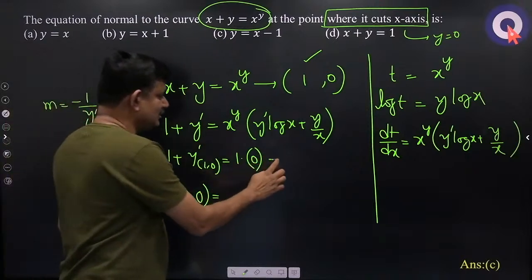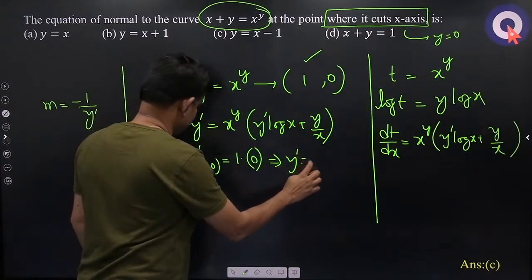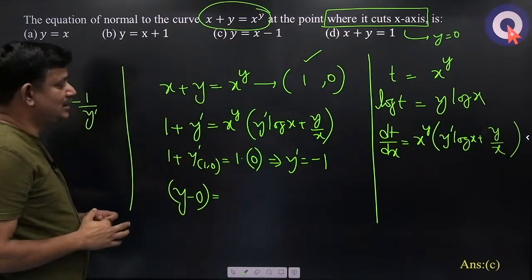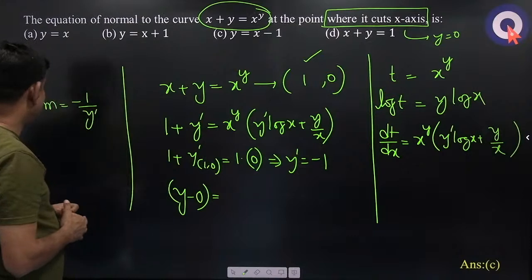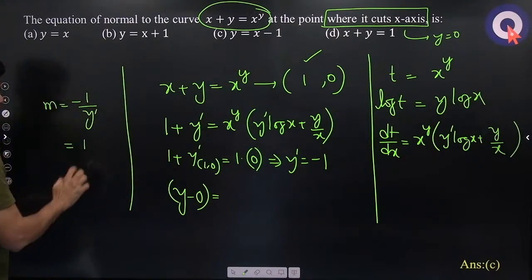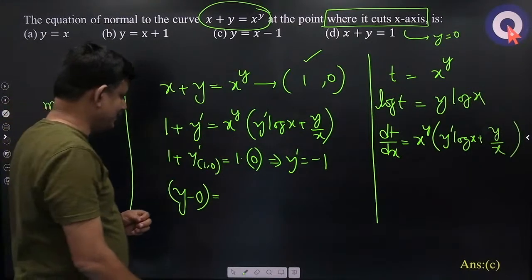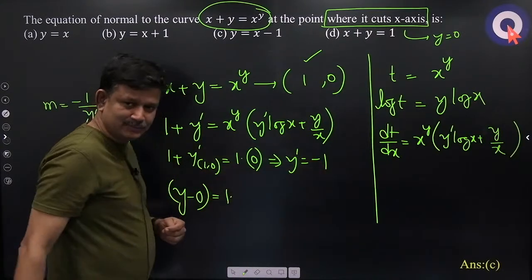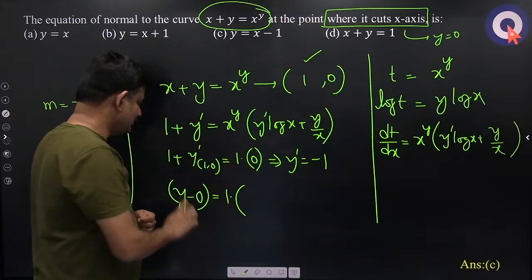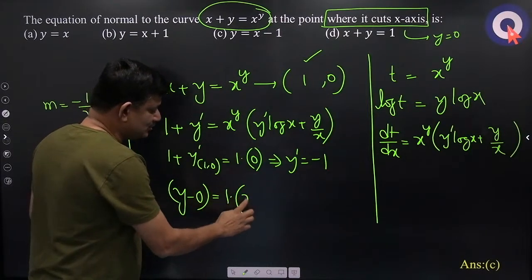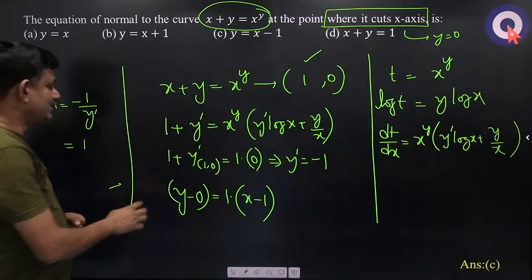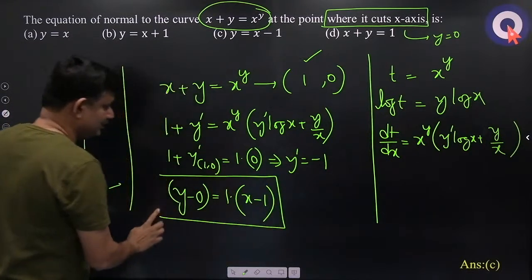So y dash is how much? Minus 1, right? y dash is minus 1. So the slope of the normal will be minus 1 by y dash, and we can write the normal equation from it.